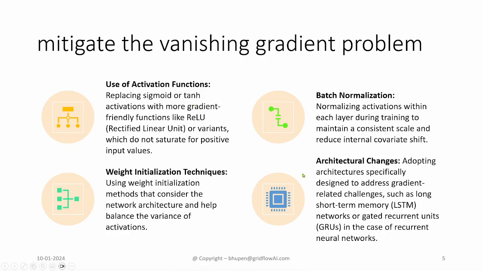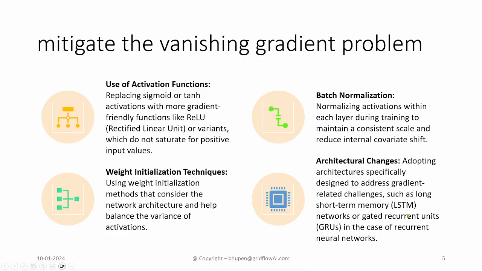The other techniques are to initialize the weights, or find more effective weight initialization techniques which can address the vanishing gradient problem. Batch normalization is another technique where you look at the activation values and normalize the activation values for the layer, and this also addresses the problem of vanishing gradient.